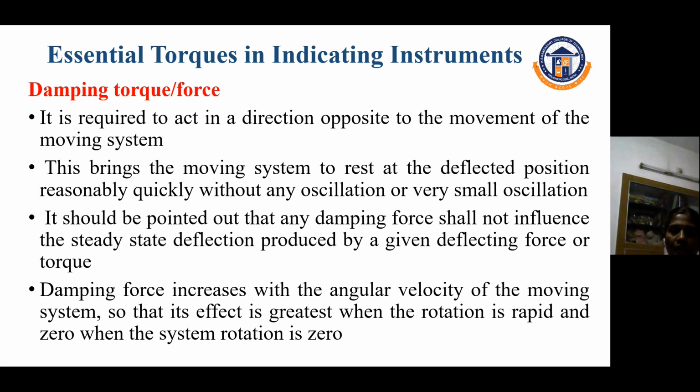It should be pointed out that any damping force shall not influence the steady state deflection produced by the given deflecting torque. The damping force opposes the angular velocity of the moving system, and this effect is greatest when the rotation is rapid and zero when the system's rotation is zero.